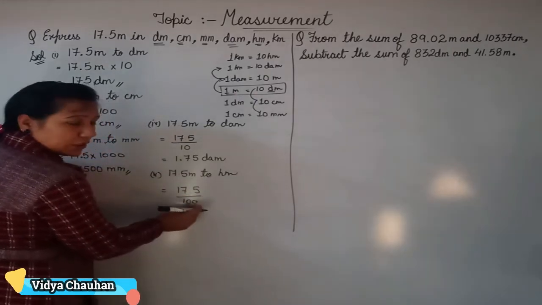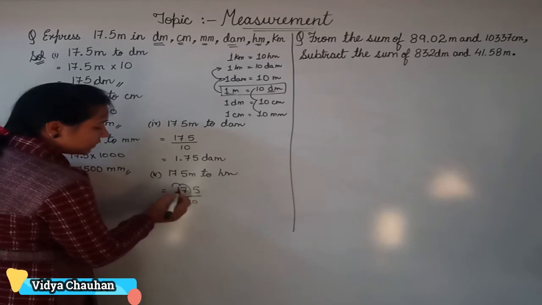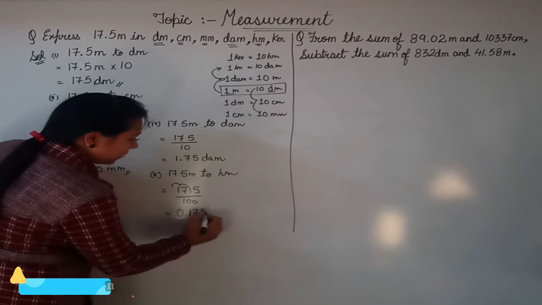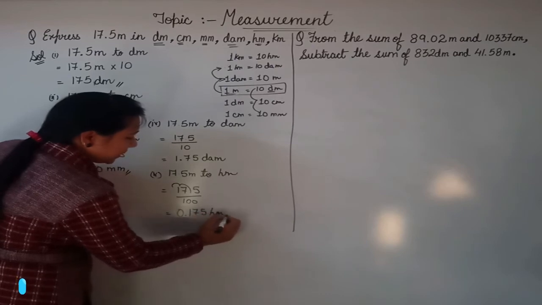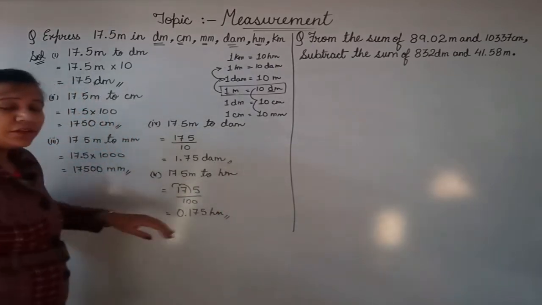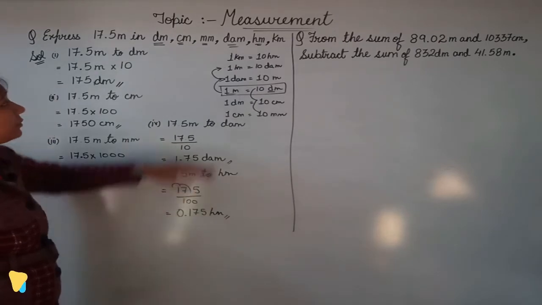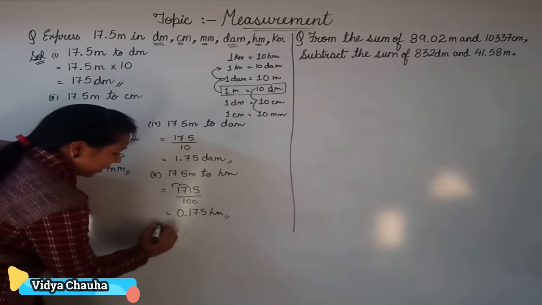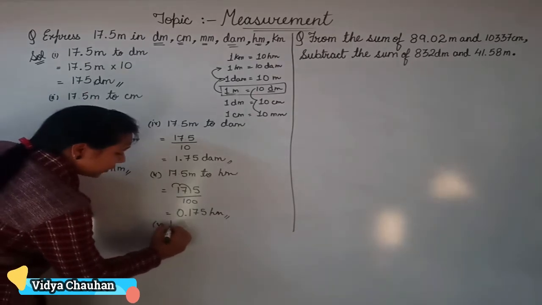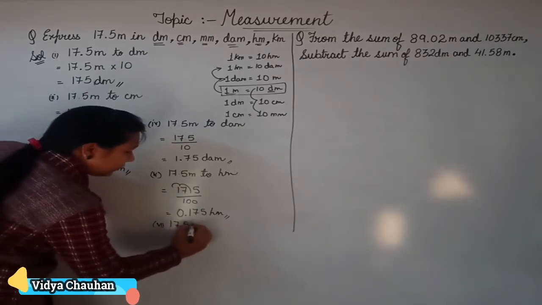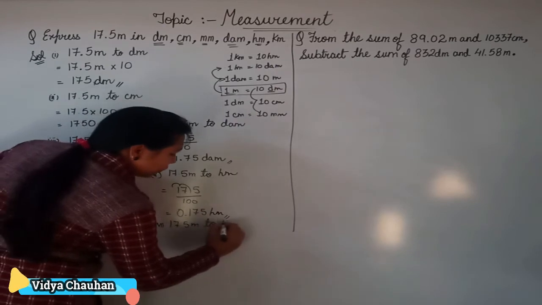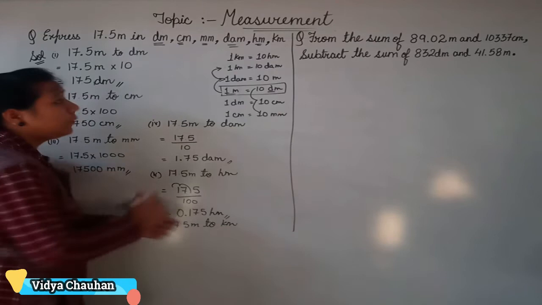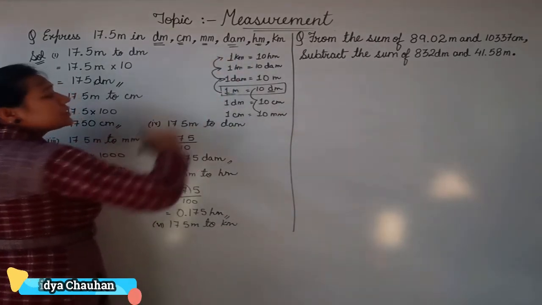Since there are 2 zeros, the decimal will take 2 jumps. So that will be equal to 0.175 hectometer. Clear, students? So this is your fifth part, the conversion to hectometer. Now coming to the last part, the sixth one, in which we have to convert 17.5 meters to kilometer. So now the conversion of meter to kilometer will be one more step ahead.